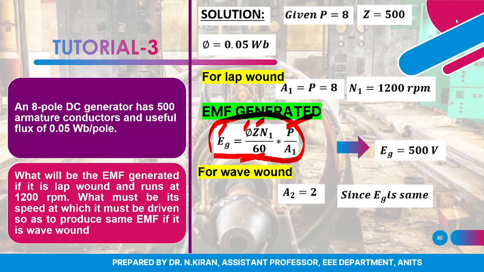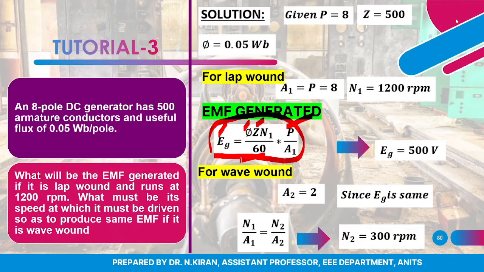So using that relation, I can get N1 by A1 is equal to N2 by A2. So I know N1, A1 values, I also know A2 value. From that I'll calculate what is my speed in case of wave wound, which is around 300 rpm.